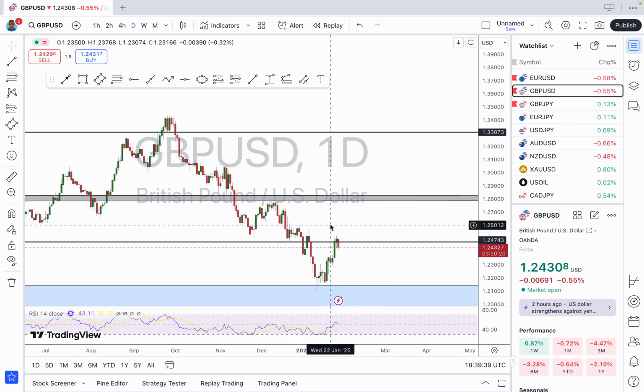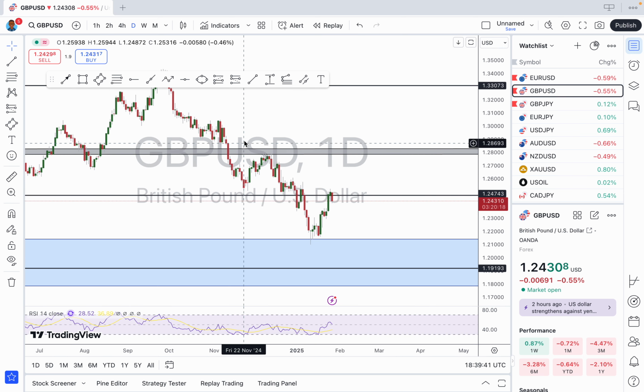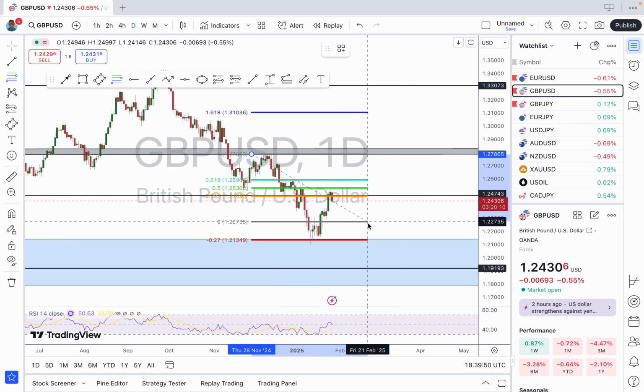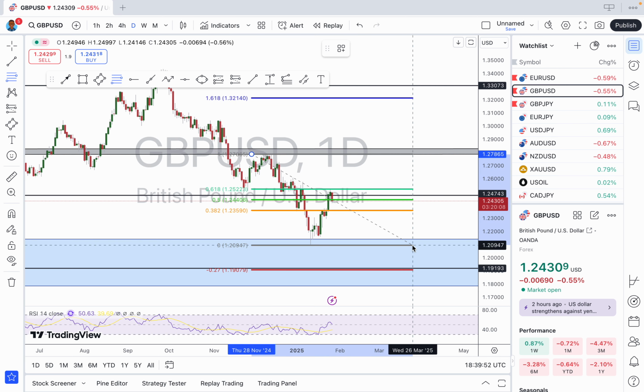But yeah, we have of course retraced, and this is obviously the high, this is the low. If we draw this, voila, you see that we even line up here with the negative 0.27 fib level, which is usually a profit region.